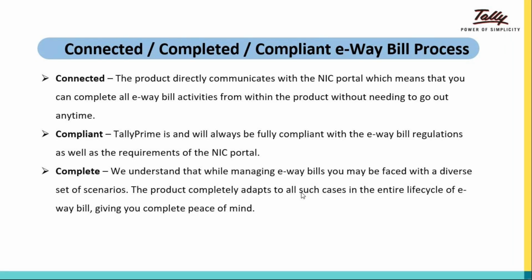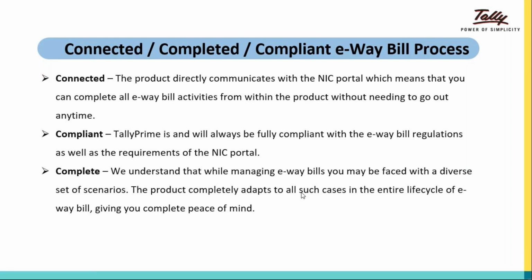When you are generating the e-way bill, maybe the transport agency who is supposed to transfer the goods might not have provided you with the details. In that case, you can fill in only the Part A details and generate the e-way bill.